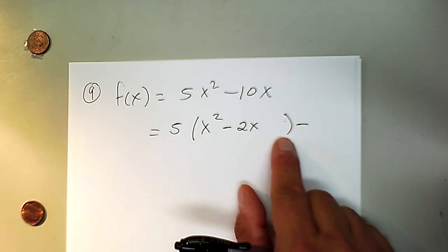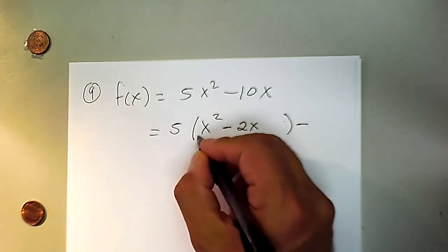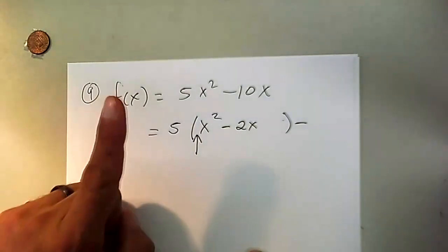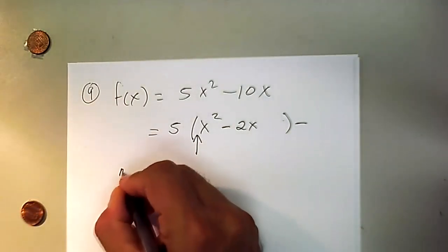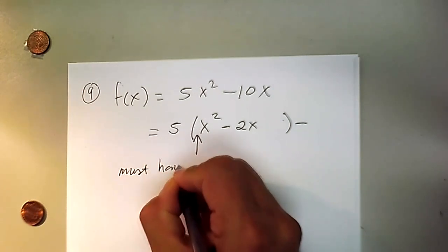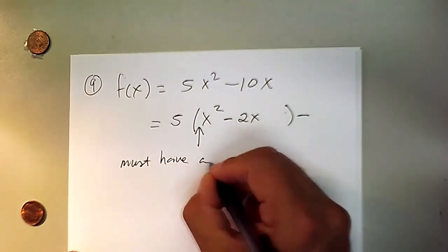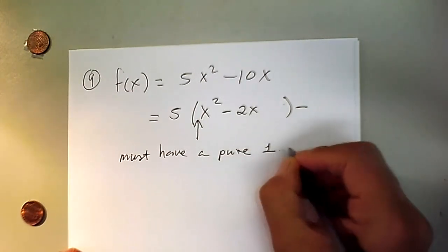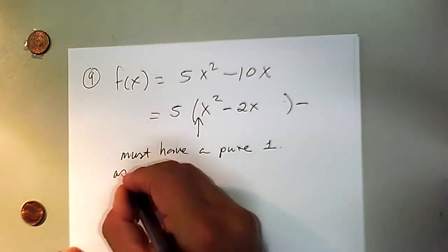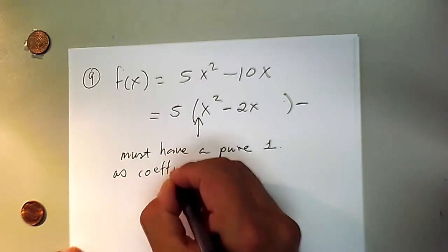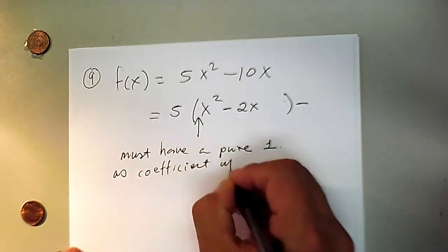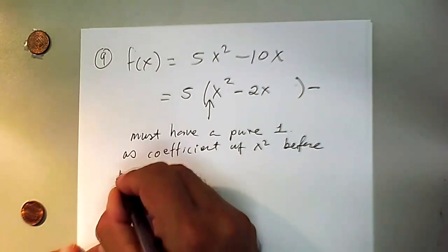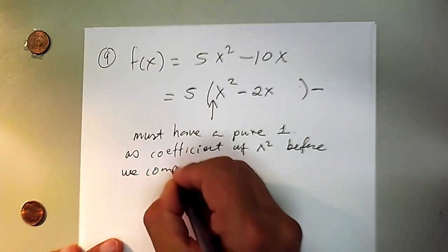Before we complete the square, we have to have a pure coefficient of 1 as the coefficient of x squared.